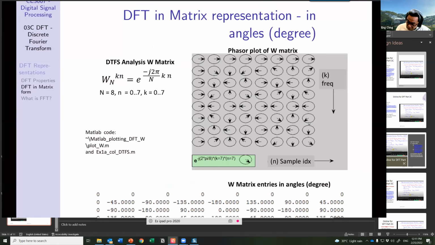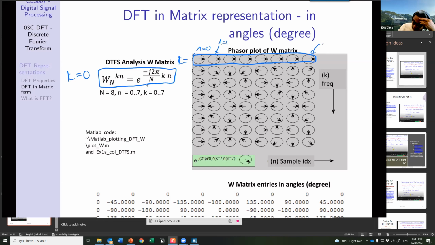Now, if we look at the W matrix, the DFT matrix, the first row, what is the first row? The first row is k equals 0. So this is k, and n equals 0, n equals 1, until n minus 1.